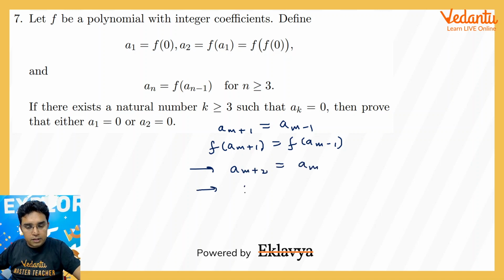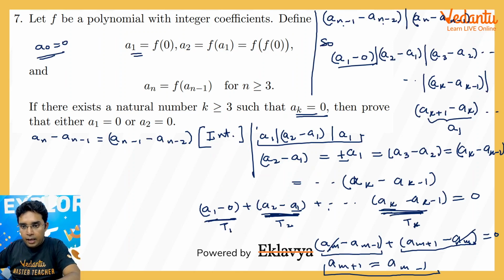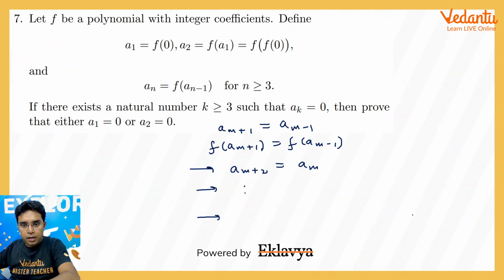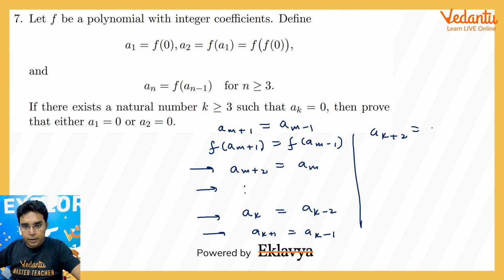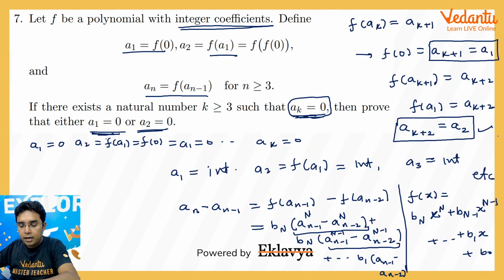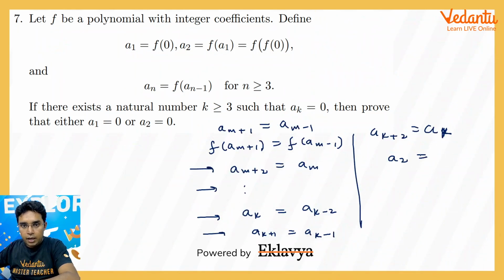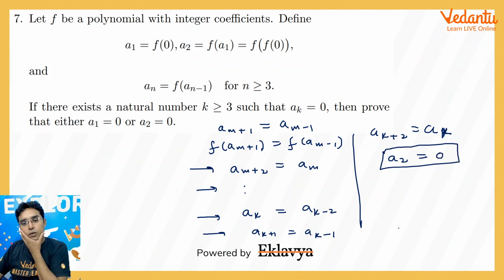Now if I keep on doing this, we will be getting ak to be equal to a_{k-2}, and then a_{k+1} to be equal to a_{k-1}, and ultimately this is what we are looking for: a_{k+2} is equal to ak. And we proved in our first slide that a_{k+2} is a2, and ak we started with 0. So you can see a2 is coming out to be 0 here.